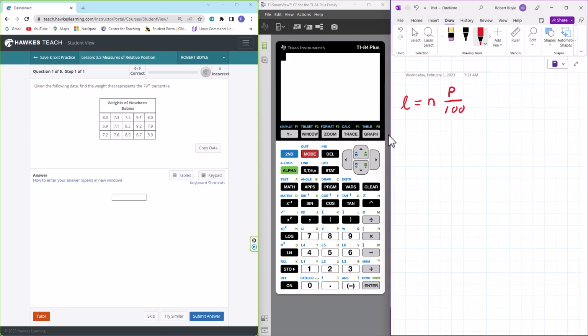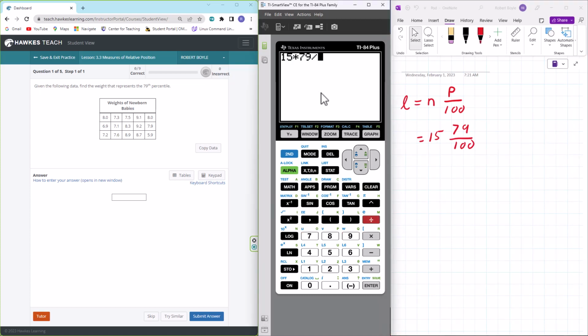So in this case, it will be 15 times 79 divided by 100. 15 times 79 divided by 100 is 11.58. Now, since L is a decimal, the location that we care about is going to be the next higher integer.